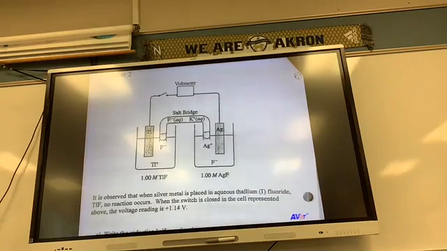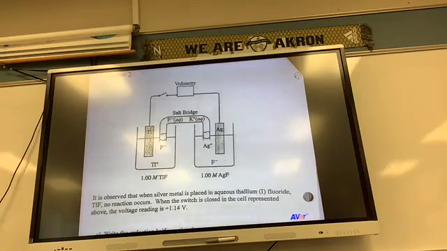Okay, I think I remember how to do this. Alright, let me walk you through it real quick. There's thallium. Tellurium? Thallium. Tellurium is Te.